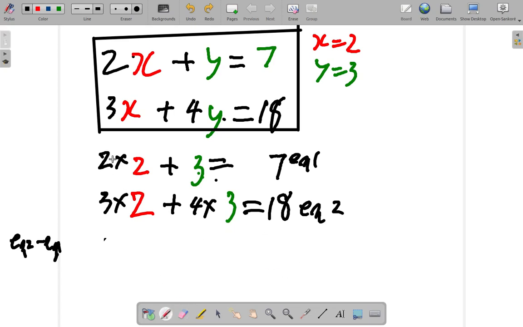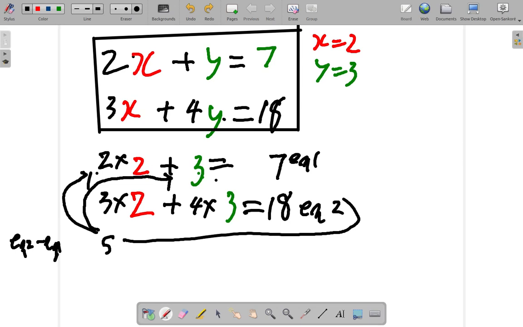Now let us take equation 1 and multiply it by any number you want. What number do you want? Let's say 5. So we're going to have 5 multiplied by the x part, multiplied by the y part, and multiplied by the number. So all of this times 5. 2 by 5 gives you 10.